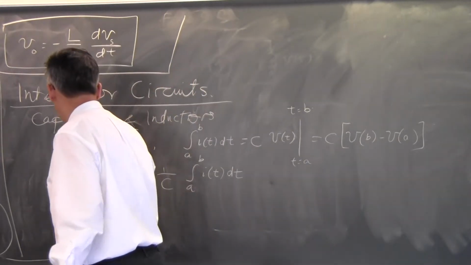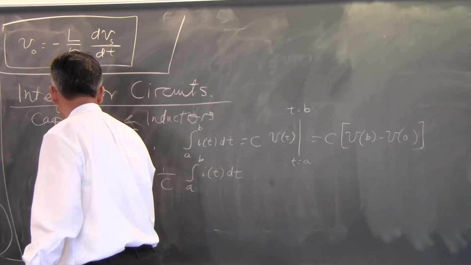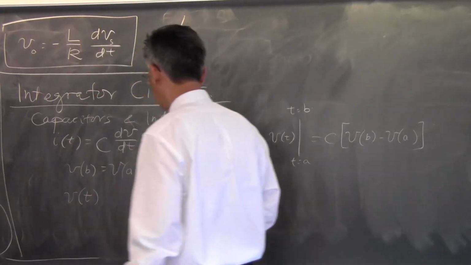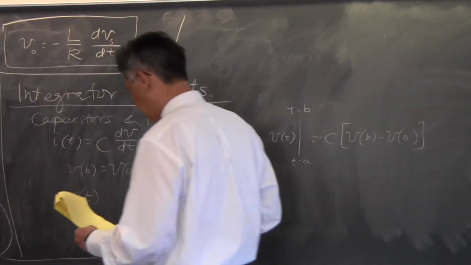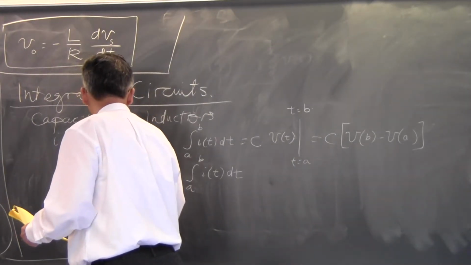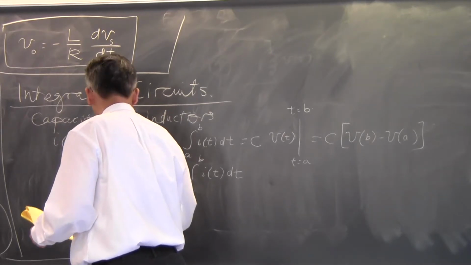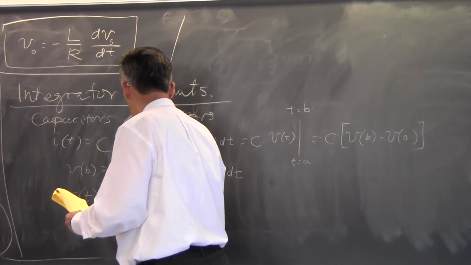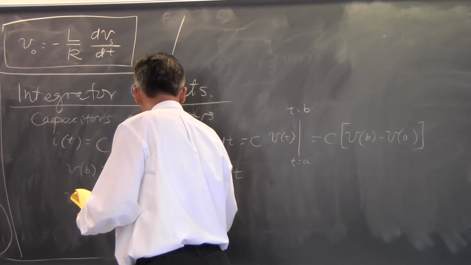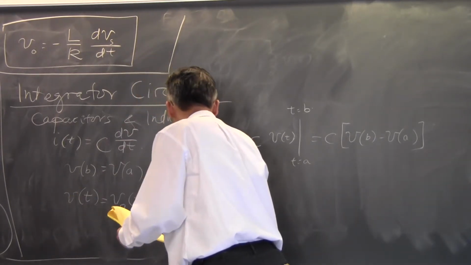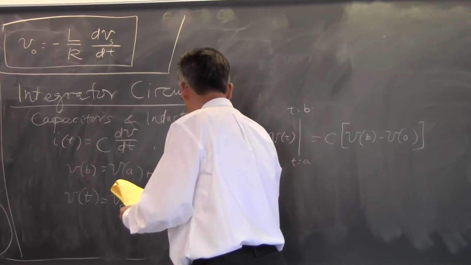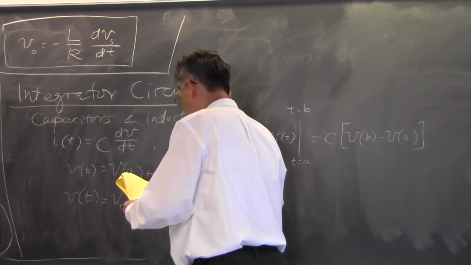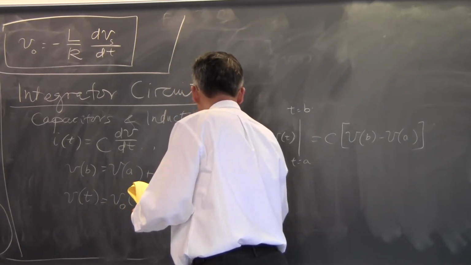then I can say that v(t) at t equals B must be v(t0) plus 1 over C times the integral from t0 to t, and then I can change the time variable to tau.